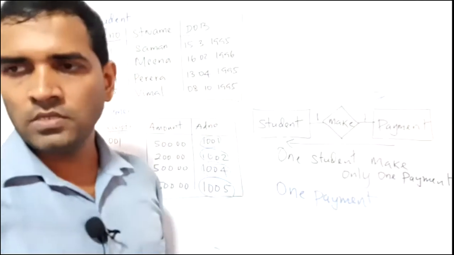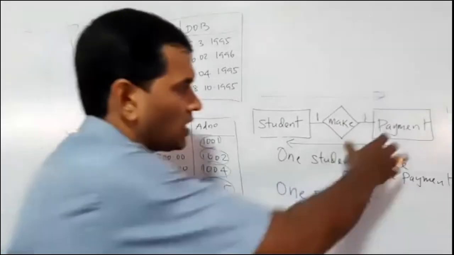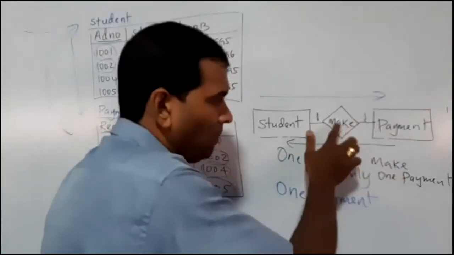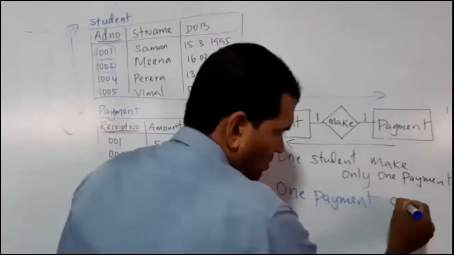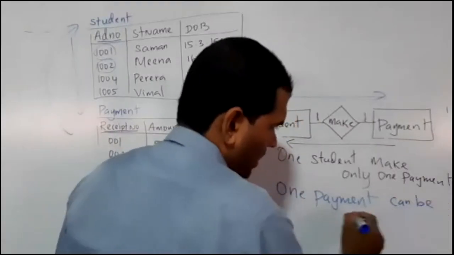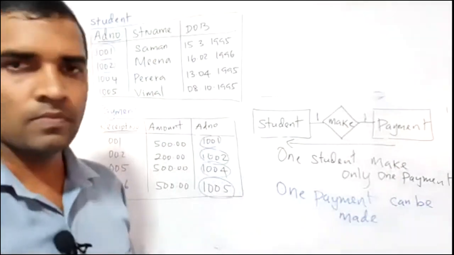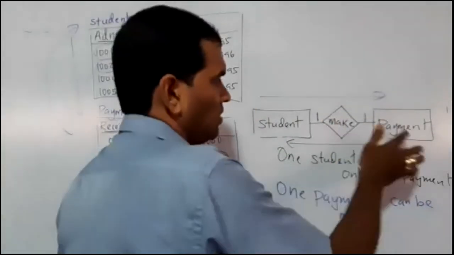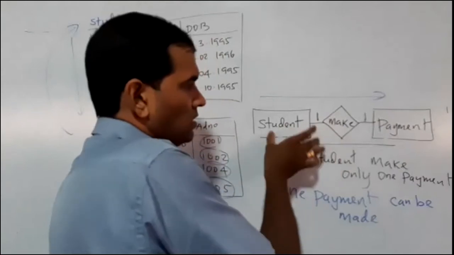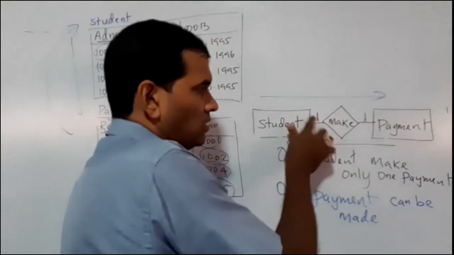Right, a payment. But see, what is the connection between these two? Make. So one payment can be made. It can be made. Complete the sentence. Can be made. Look there. In front of student, you have one.